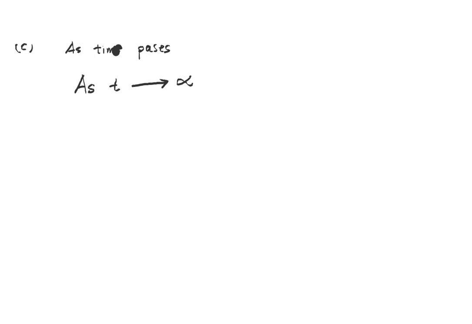So I want to know what happened to the height. So I have to look at the height function, that is 2 minus 1.5 over 2t squared plus 1. So I have to discuss this part first.